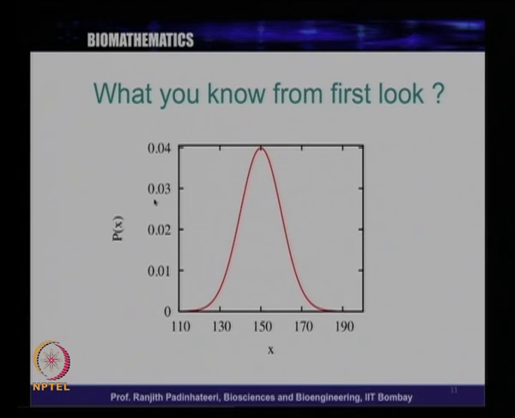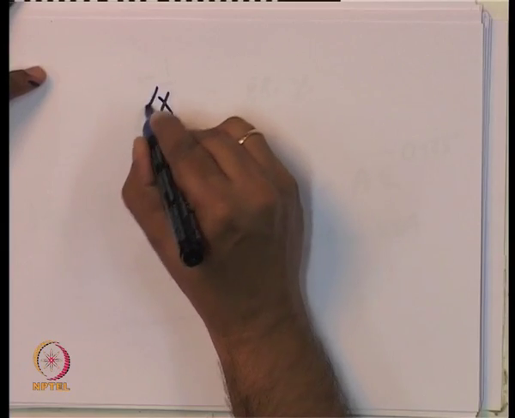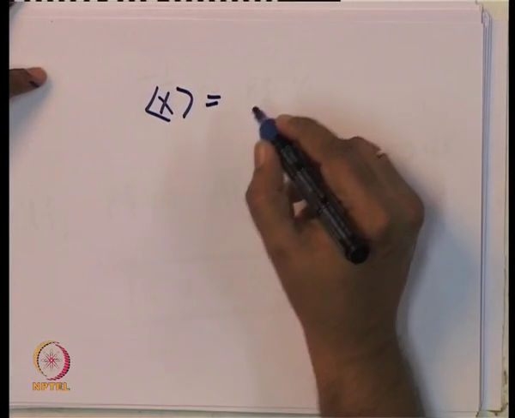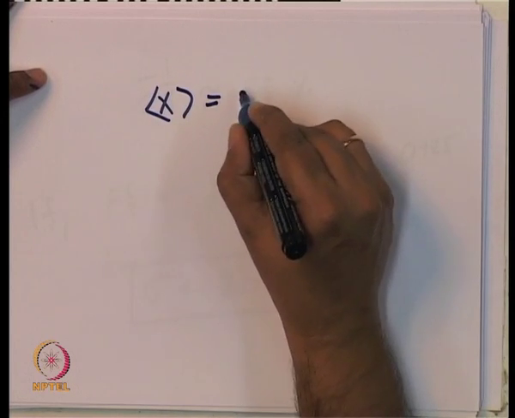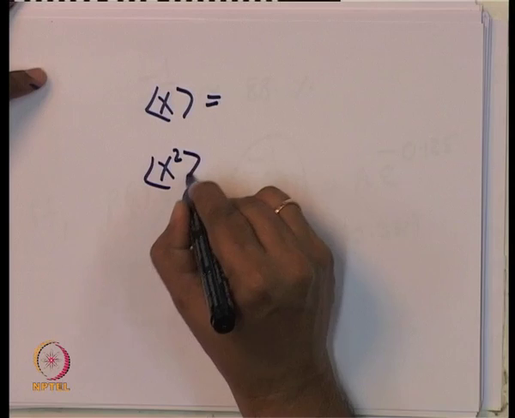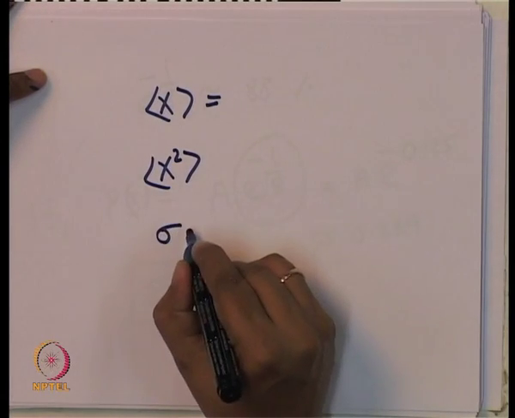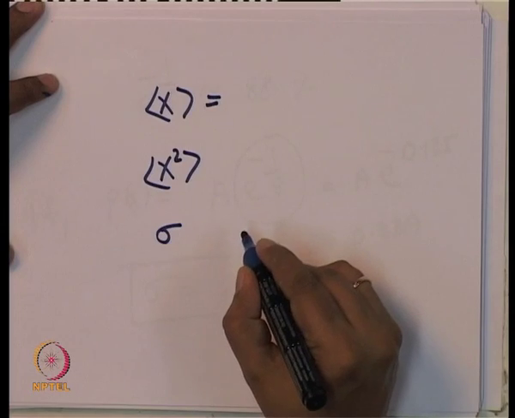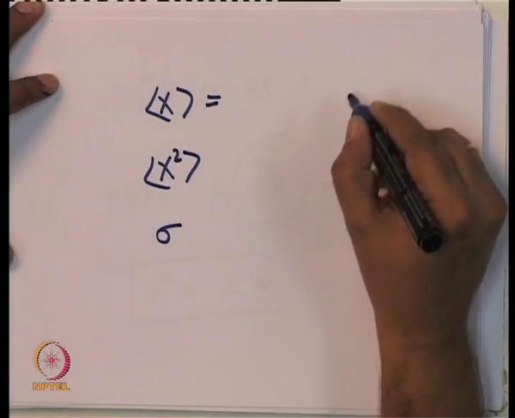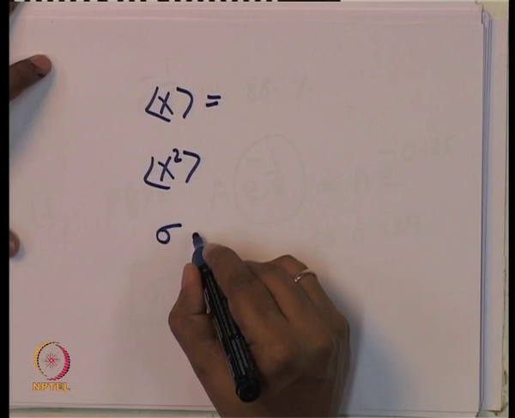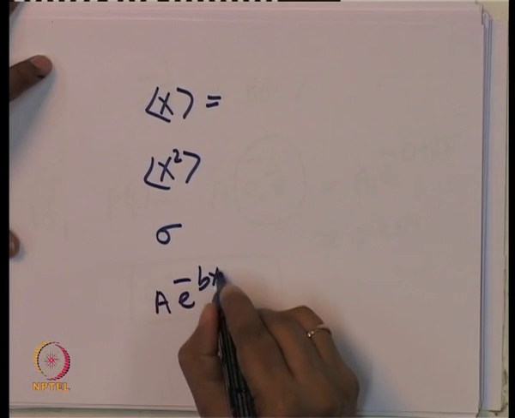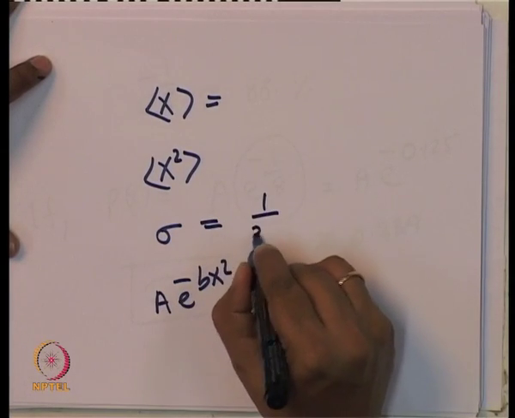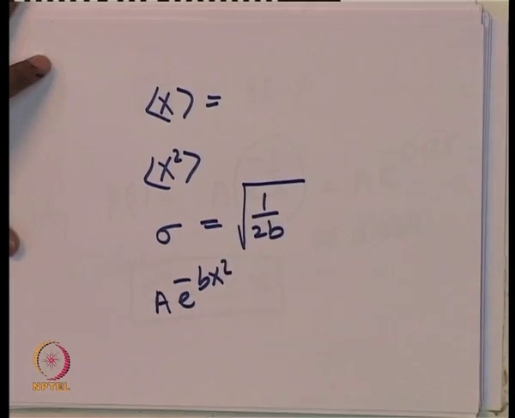So, to summarize, what did we learn? We learned how to calculate x average, how to calculate x square average, and how to calculate sigma. If you have a Gaussian function of the form e power minus bx square, sigma is 1 over 2b square root.